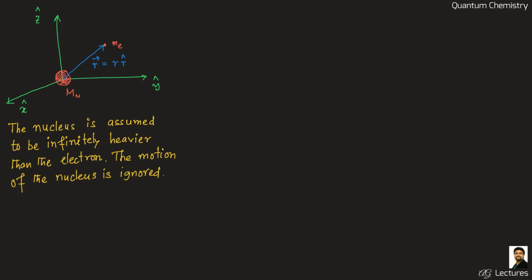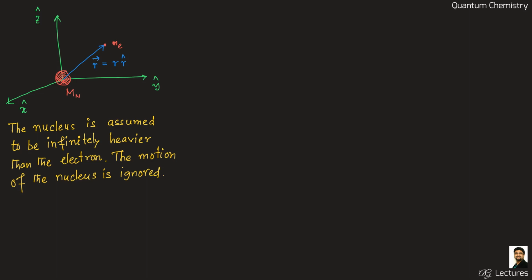So this r is the same internal vector that we were talking about in the two body system. Now as one particle is not moving, the center of mass is exactly on the origin. The movement of this particle can be represented by this position vector r, which can be written as the magnitude of r times r caret, the unit vector along r.